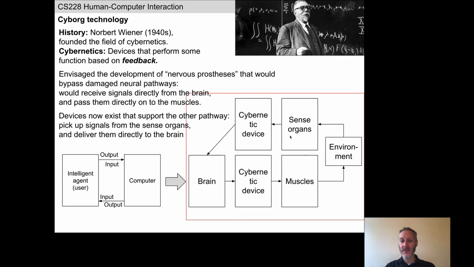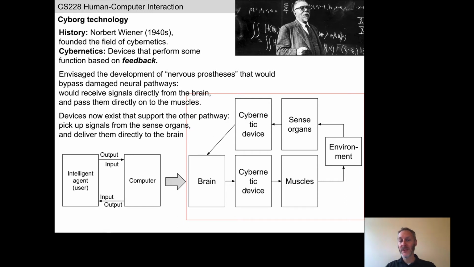So what happens if the neural pathways that go from our eyes or our ears to our brain are disrupted? Can we replace those sensory pathways with a cybernetic device which captures physical phenomena arriving at our sense organs and passes it directly to the brain?